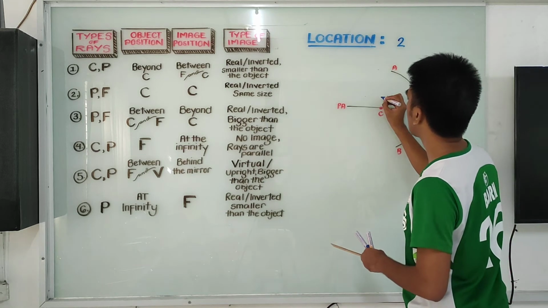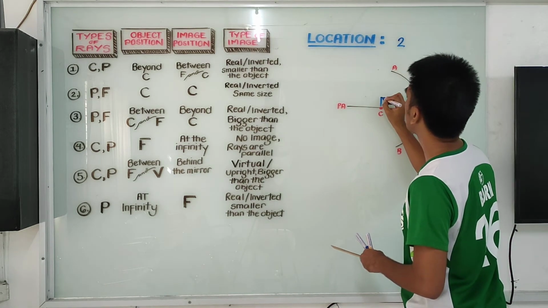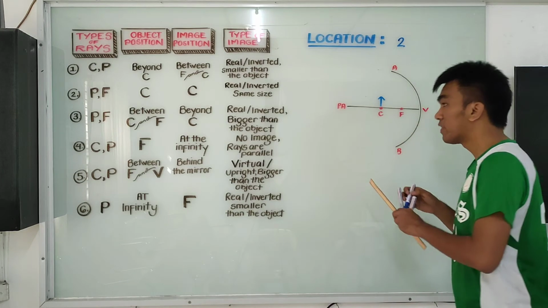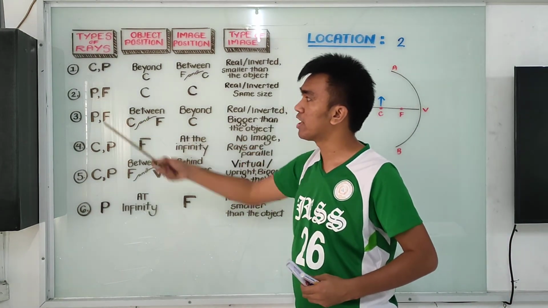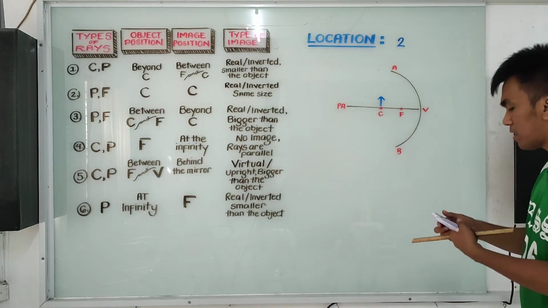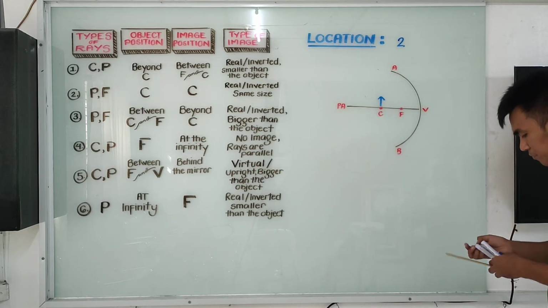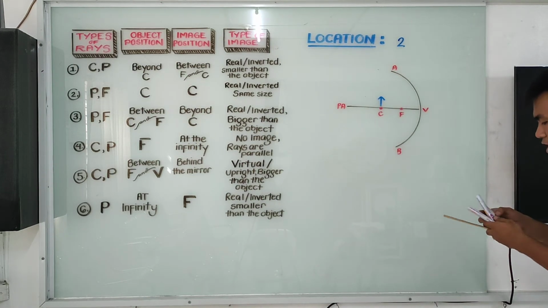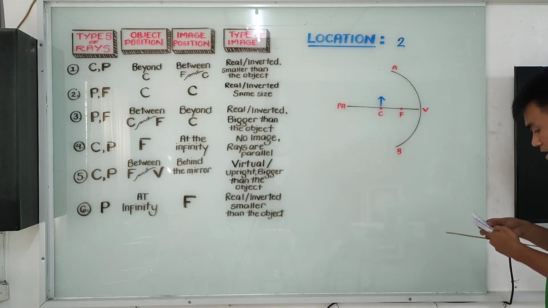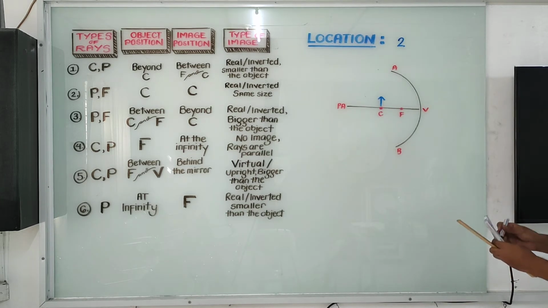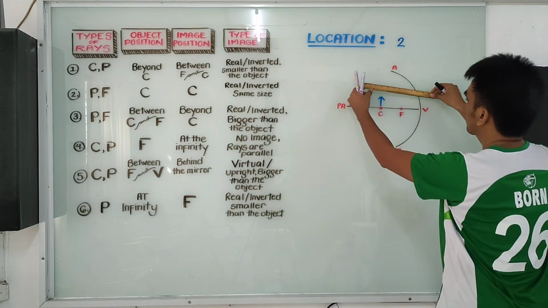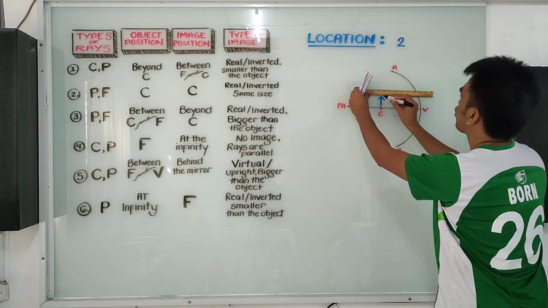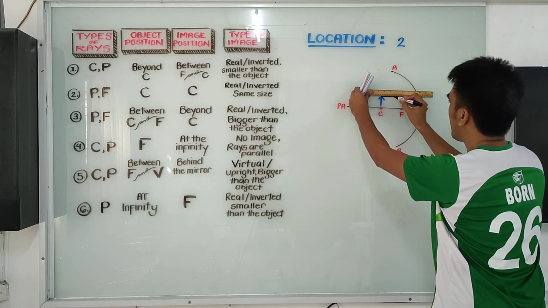So let us draw an arrow here to represent an object, and the types of rays that we are going to use are the following. We have the principal ray and the focal ray. Again, if we are using a principal ray, this type of ray is always parallel to the principal axis.